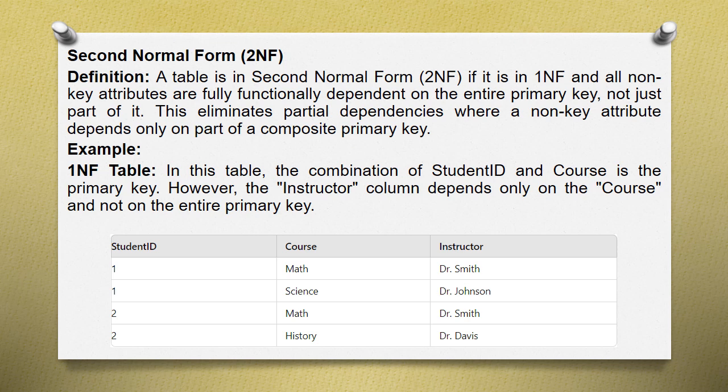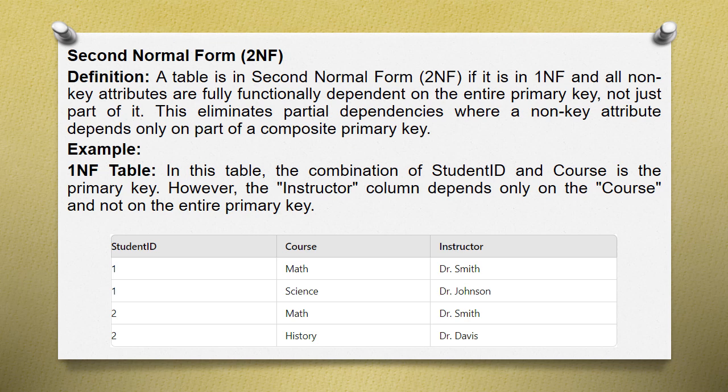Partial dependency says that a non-key attribute depends only on part of a primary key, not the full primary key. So we need to eliminate this partial dependency.